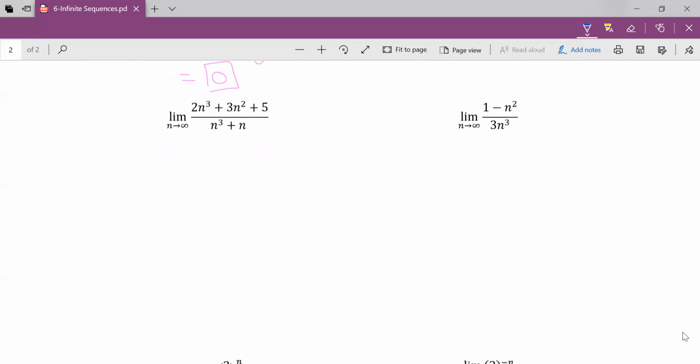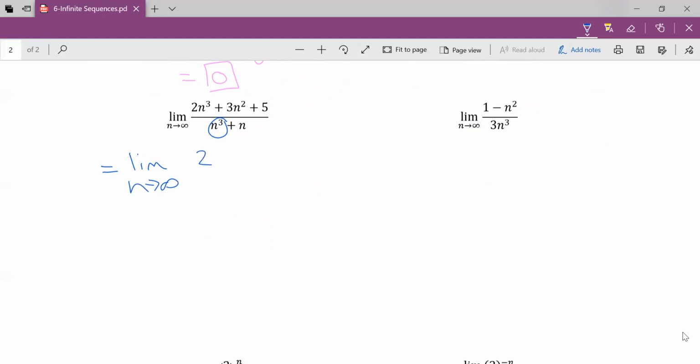Let's look at a couple more basic examples. The limit as n goes to infinity of this. Well, we tackled something like this in the last lesson. So remember what we did was we divided by the highest power in the denominator.